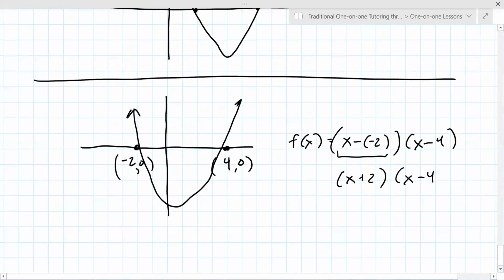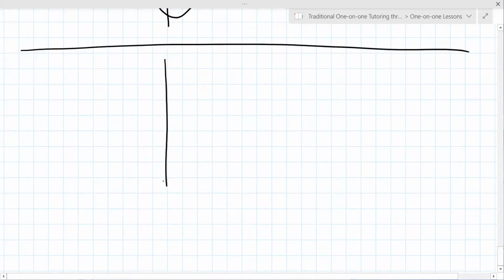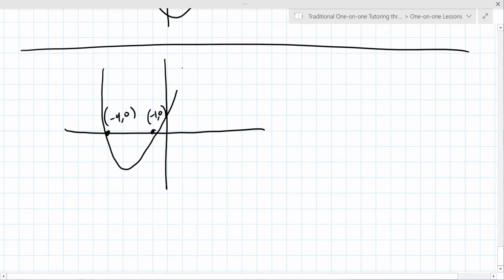Okay, let's try another one here. All right, so I want you to try this one. Again, write it in factored form, please.